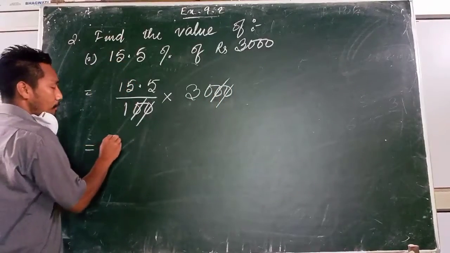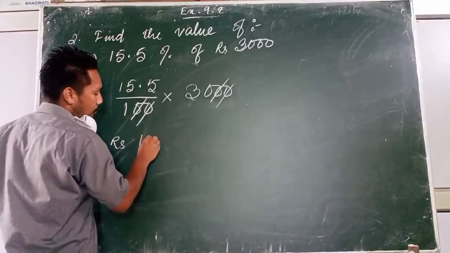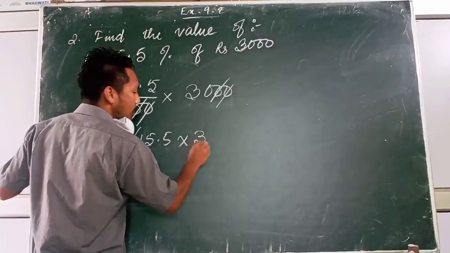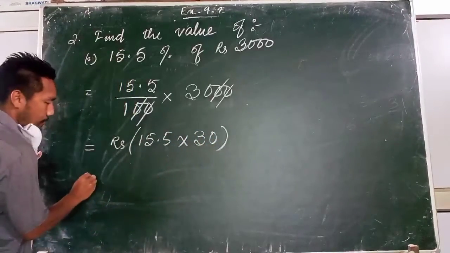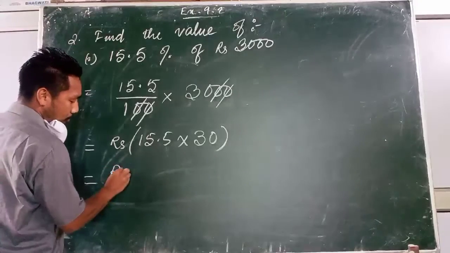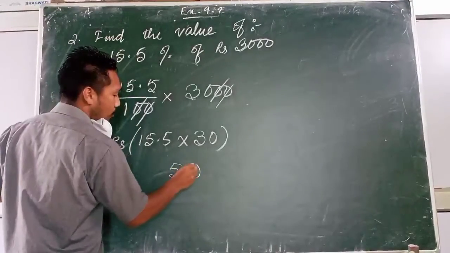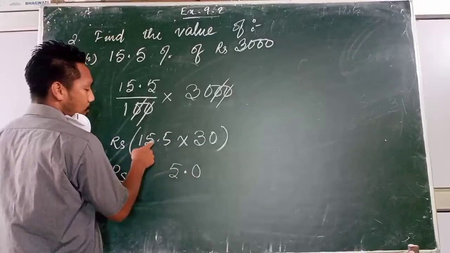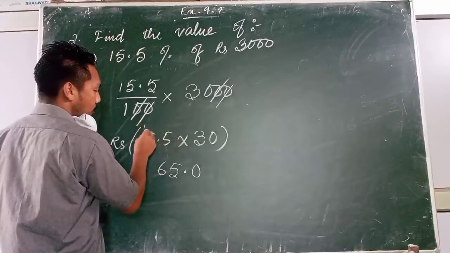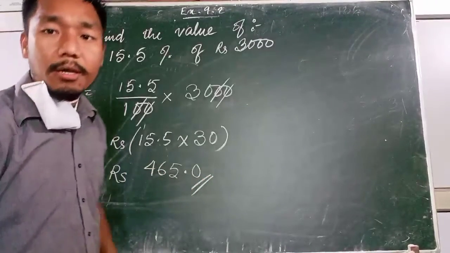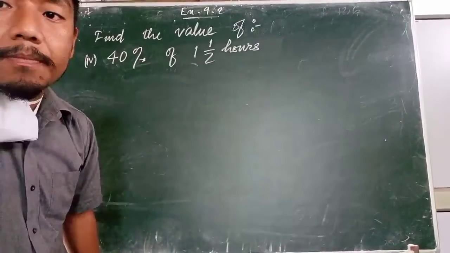Multiply these two: 5 fives are 25... 3 ones are 3, so 465 rupees is your answer. This is our first question.